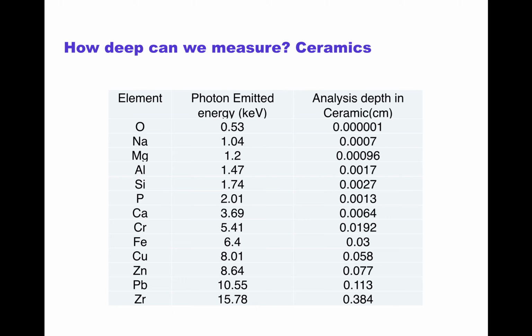Your samples have the same limitation. If you're analyzing a thin obsidian blade that is only 0.5 millimeter thick, then you are guaranteed to have distortion in almost all the heavier elements, including lead, zinc, and zirconium. So it's important.